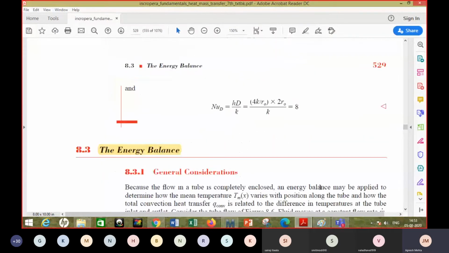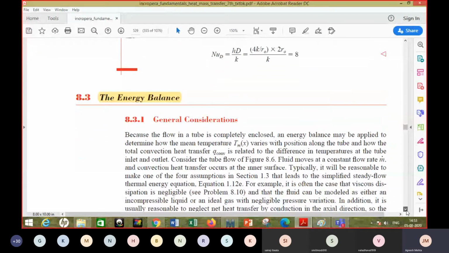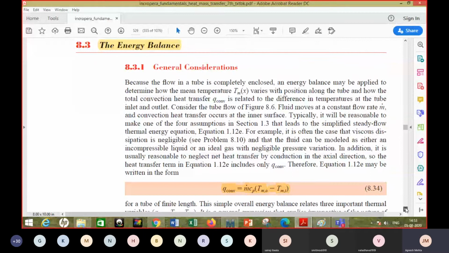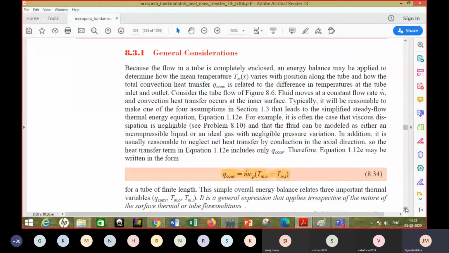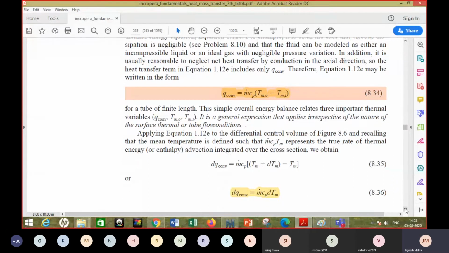Now we are applying energy balance to a small infinitesimal volume in the tube, and with the help of that we get an important equation using which we would be able to show the nature of change of Tm, the mean temperature, when the heat flux is constant and when the surface temperature is constant.